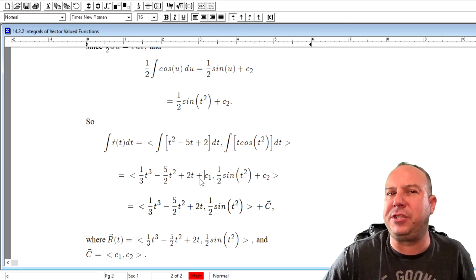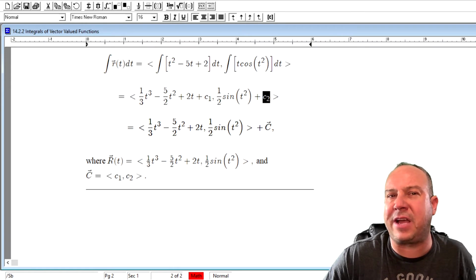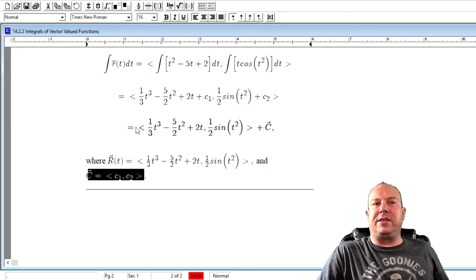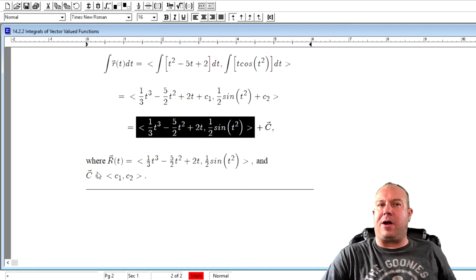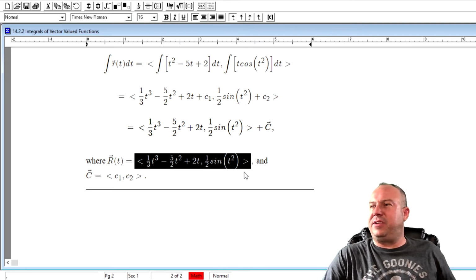What we would be able to do is actually isolate these two constants by subtracting them from these two components as a constant vector itself, the constant vector c bar, which I make note of here in the notes. You can see those constants go away from here, and c bar becomes this constant vector c1 comma c2. Whereas what this other portion is that we're adding in to c bar, well, that's big R bar of t. That is the antiderivative vector for little r bar of t. It's the vector whose first derivative would yield little r bar.